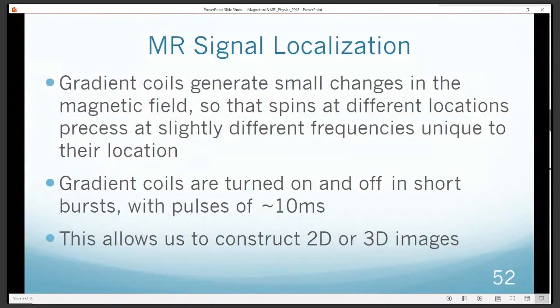So when we think about localizing the signal, unlike X-rays, where we have photons we're trying to image that are very particulate and almost like bullets, and we can shoot them through a patient and see which ones get stuck in the patient and which ones get through and produce shadowgrams, we can't do that in MRI, because even though we're producing electromagnetic photons, they have much larger wavelengths, on the order of a meter.